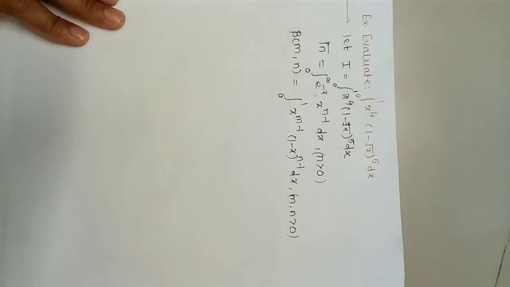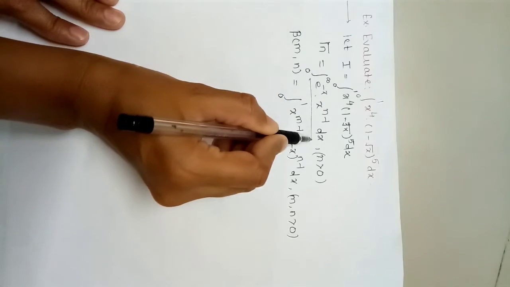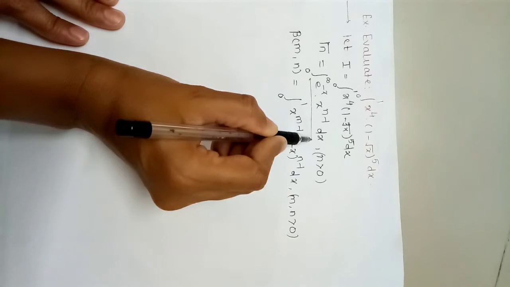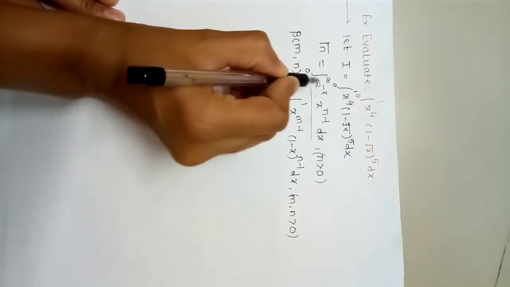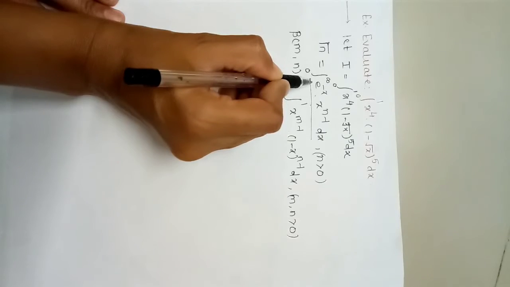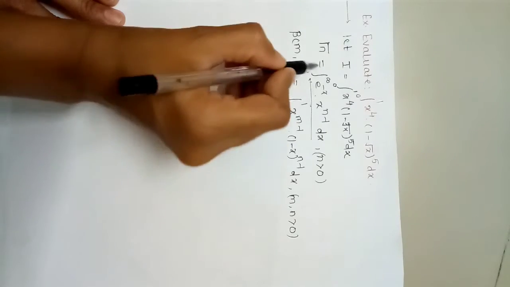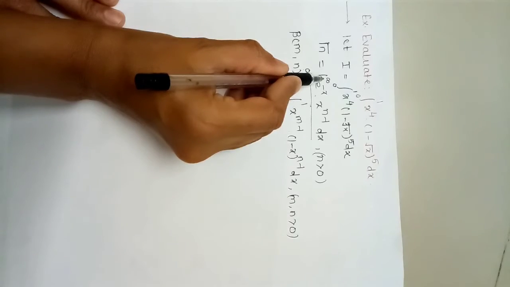Okay, so now if you see the definition of gamma function, in the definition of gamma function the first term is exponential, the second term should be algebraic, and integration from 0 to infinity.